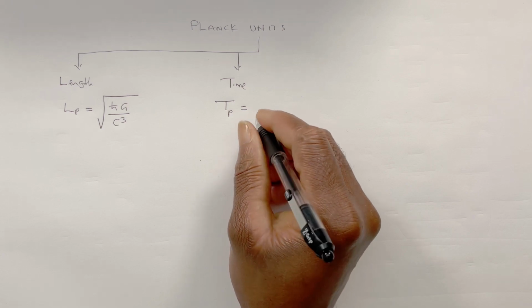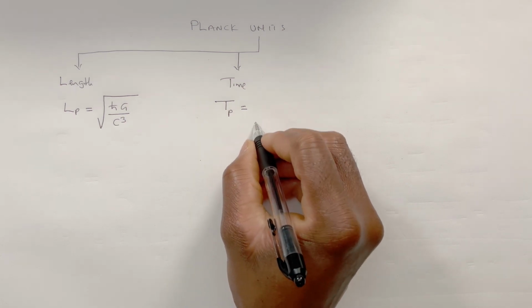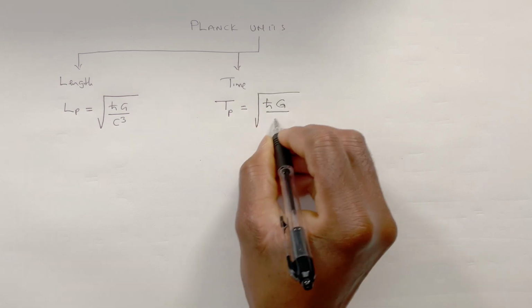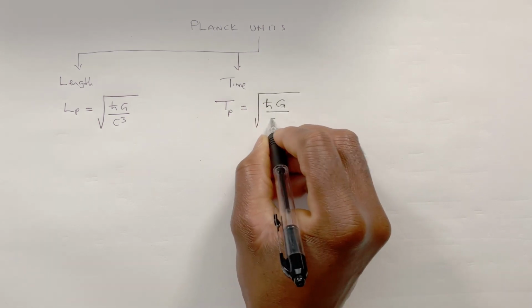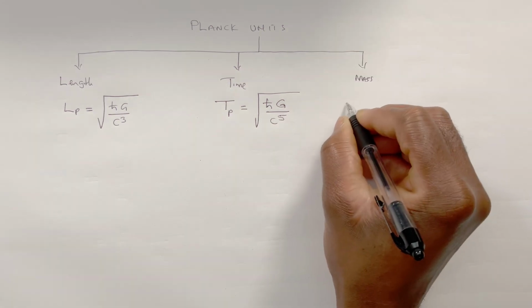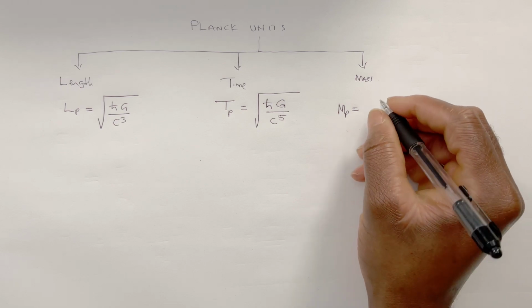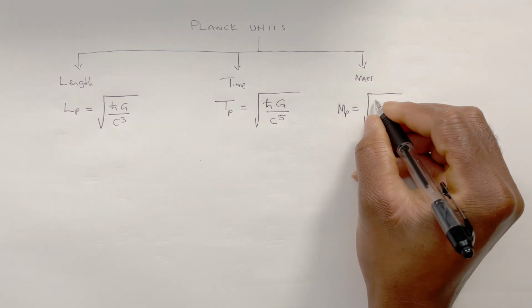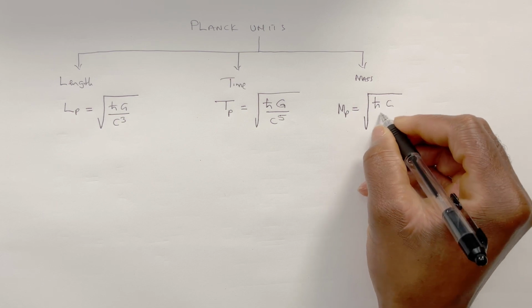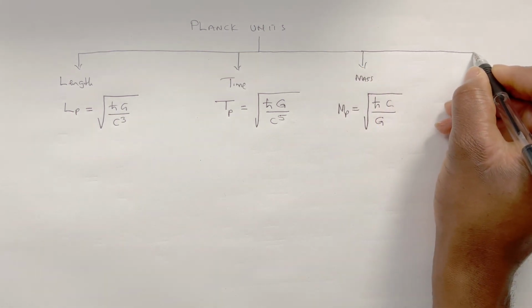And for Planck time, we came to the conclusion that it is root of h bar big G over c to the power 5. Then we went on to define the Planck mass, so that's mP. And the Planck mass is root of h bar c over G. And finally, we did the Planck temperature.